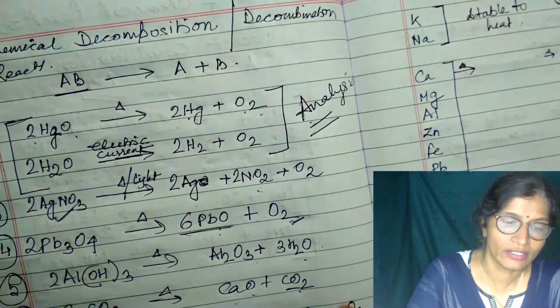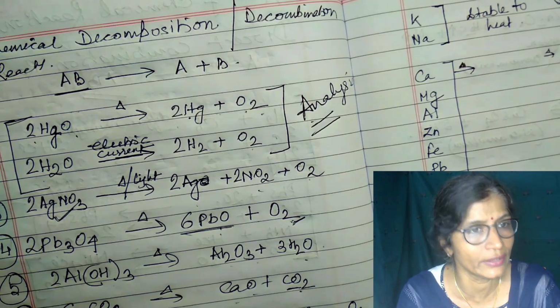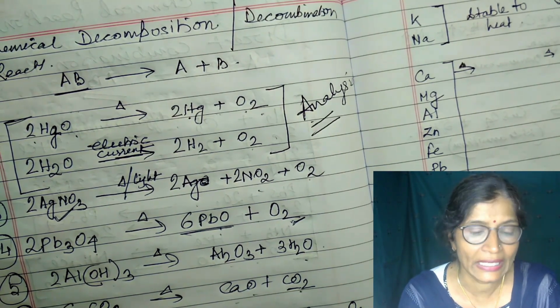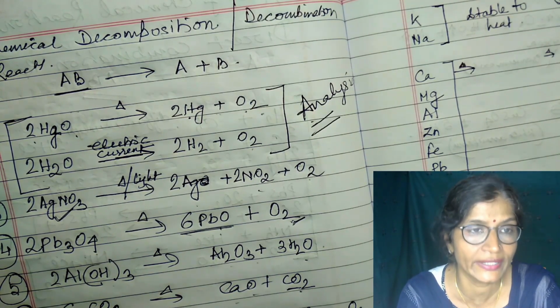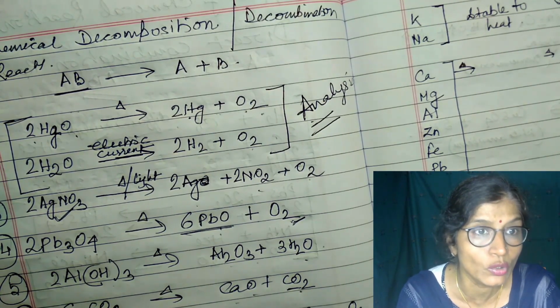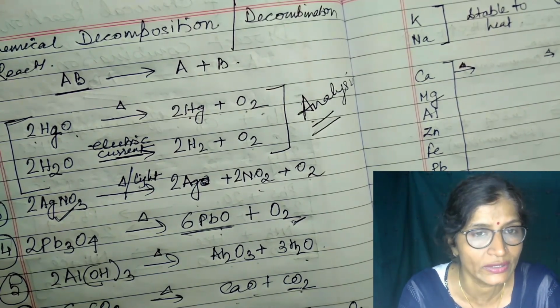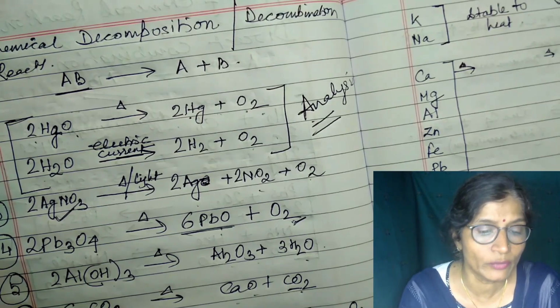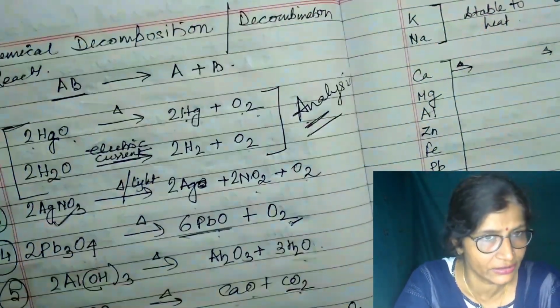This is the reverse of synthesis. Synthesis means where two elements combine together to give one product, and here one compound will decompose and give two or more elements, only elements, no compounds. So that is the chemical decomposition reaction, coming under the category of analysis reaction.